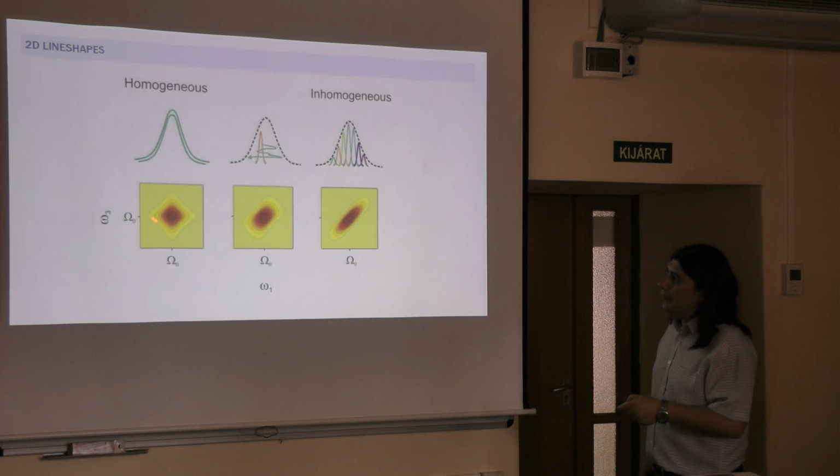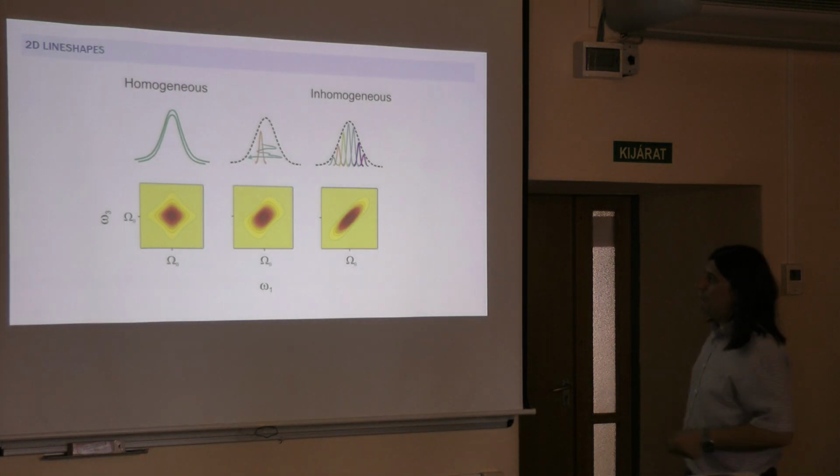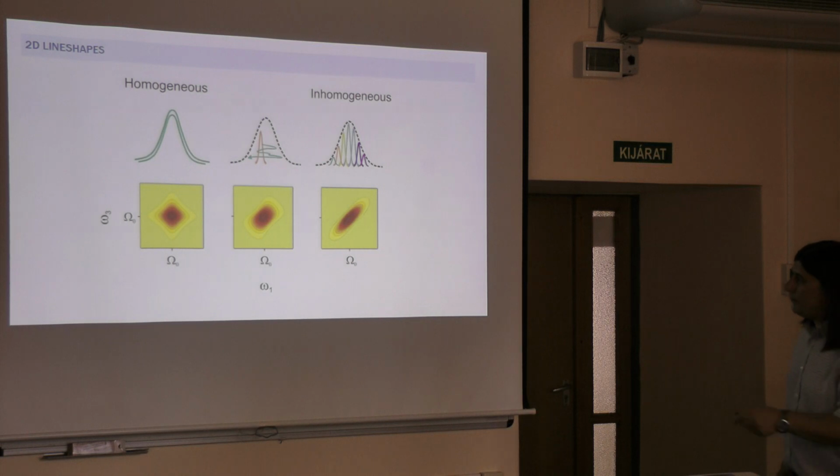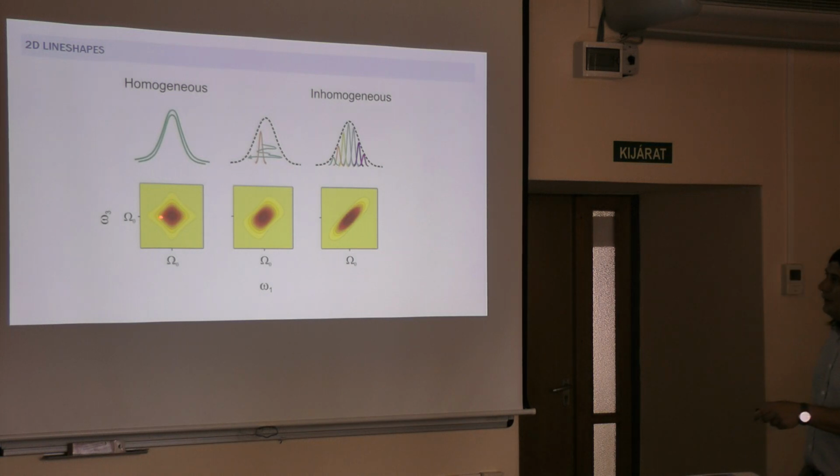The two-dimensional equivalent of that is the two-dimensional Lorentzian, this diamond-shaped spectrum. This is more for infrared spectroscopy, it's not so nice in the electronic, but in principle it's the same. So it doesn't matter, a homogeneously broadened band is as wide along the diagonal as it is across the diagonal.